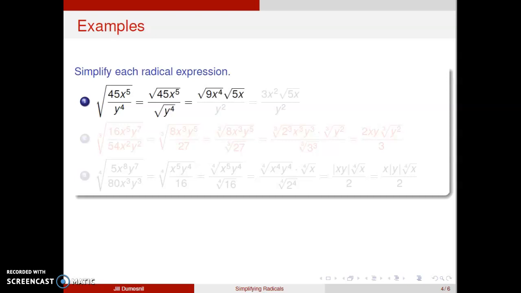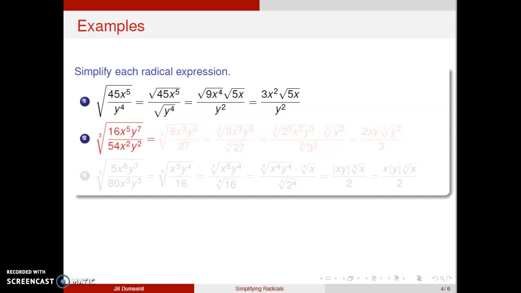We apply the product rule to the numerator, and the denominator simplifies easily. The square root of 9x to the 4th is 3x squared, and 3x squared is non-negative, so we don't require absolute value. We get 3x squared times the square root of 5x over y squared as our final simplified answer.